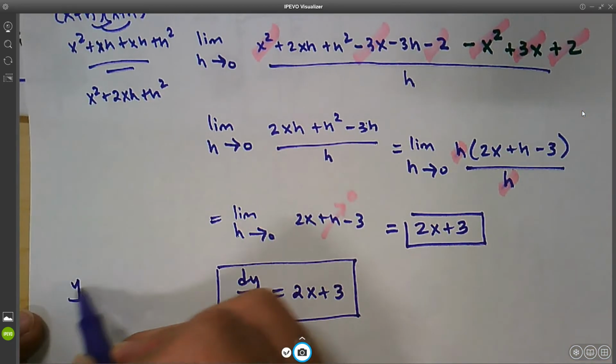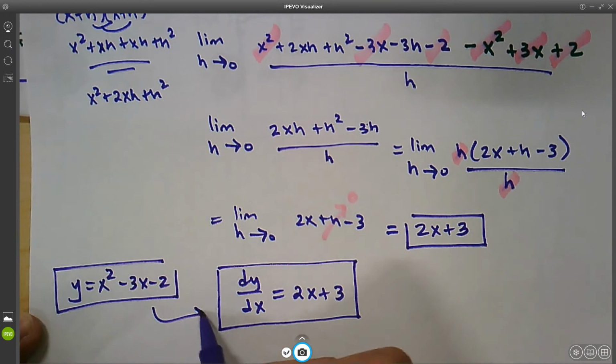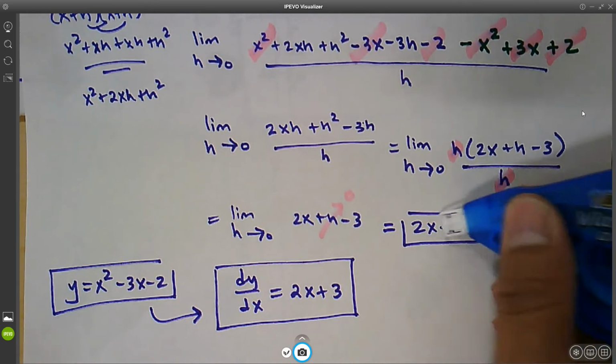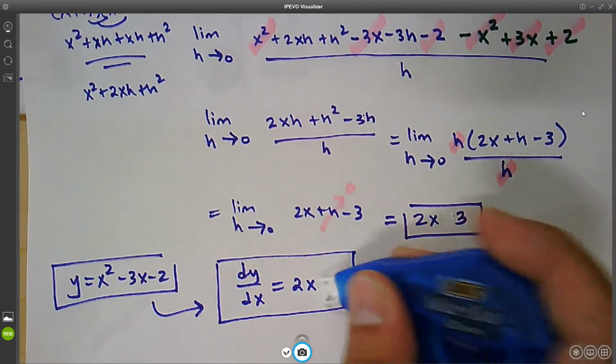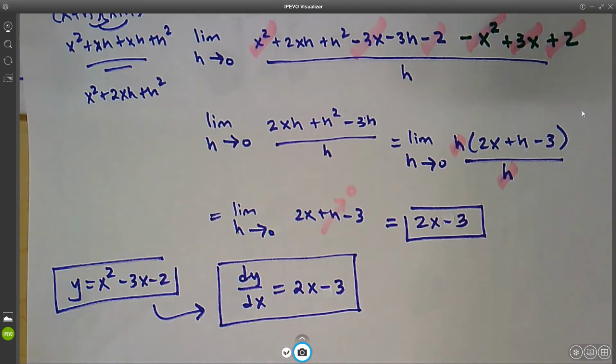So if y was this equation, the dy dx, the derivative formula would be 2x minus 3. Yeah. Oh, minus 3. Thank you. Minus 3. Okay.